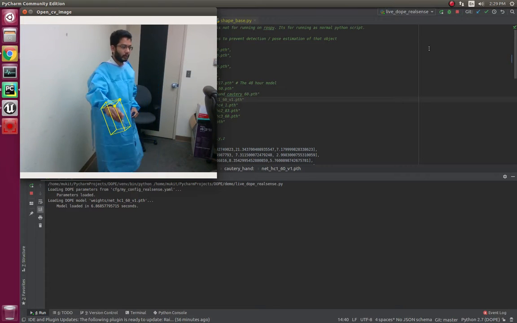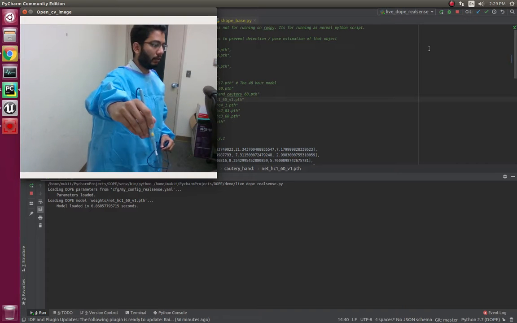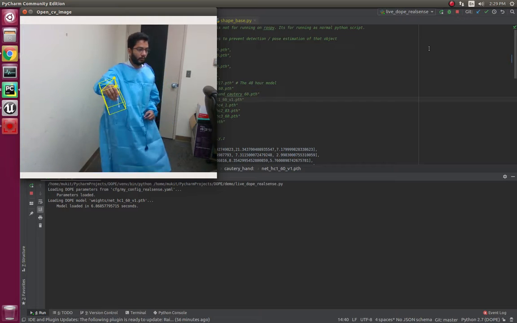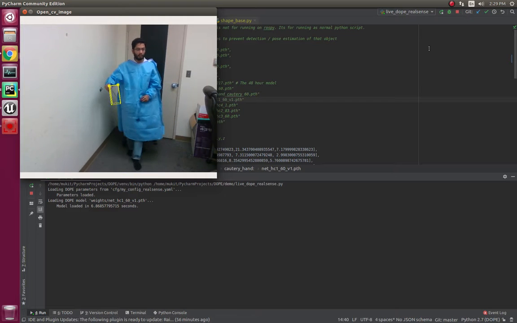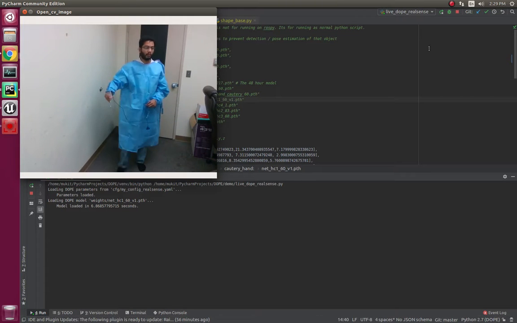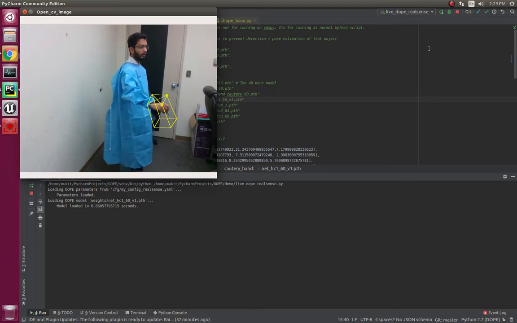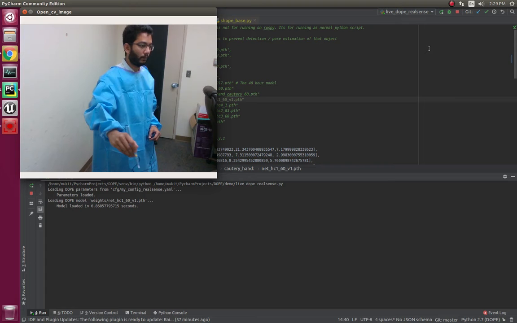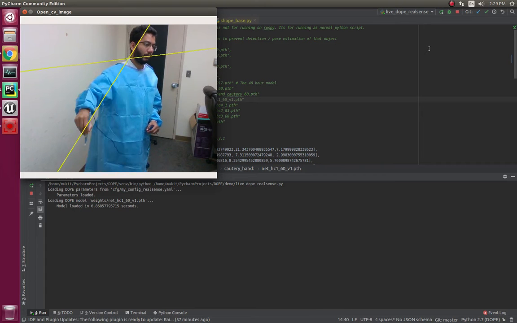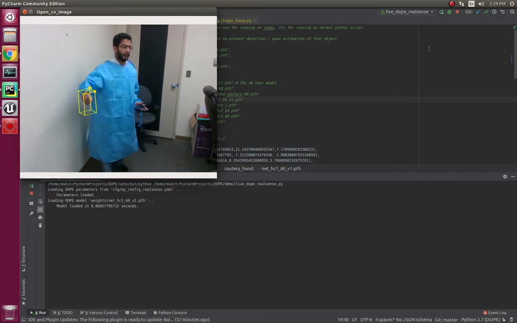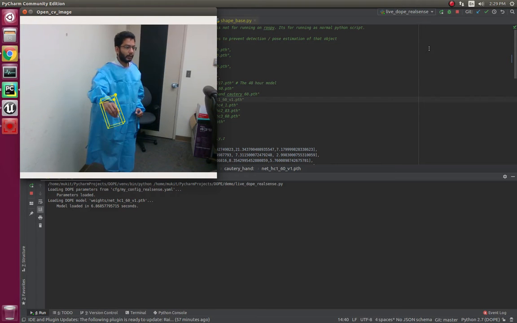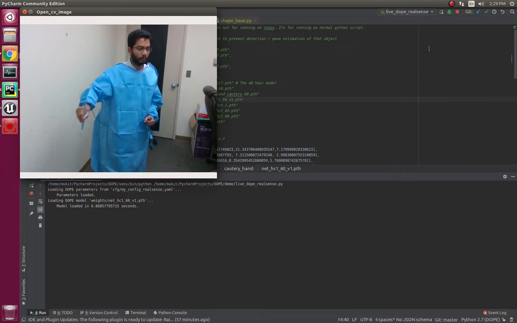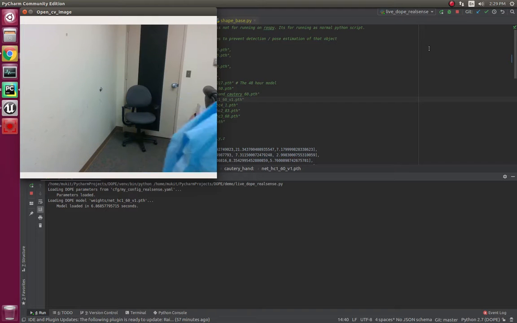It's almost the same level of consistency. I do feel like the second version is a little bit more robust in detecting the pose at least.